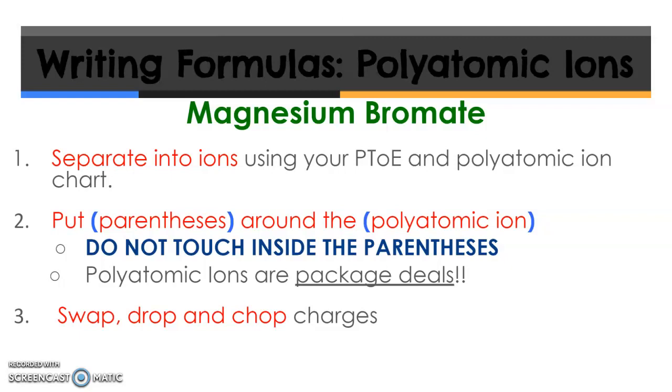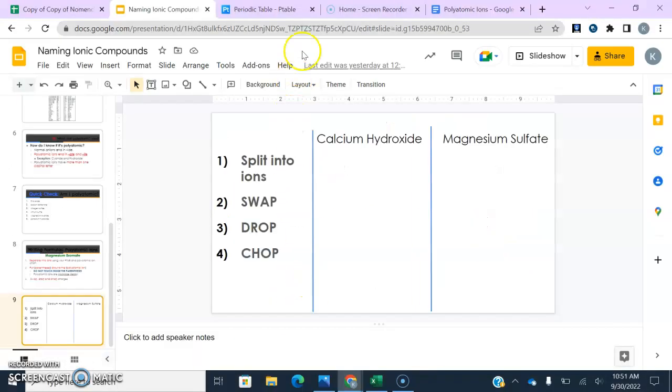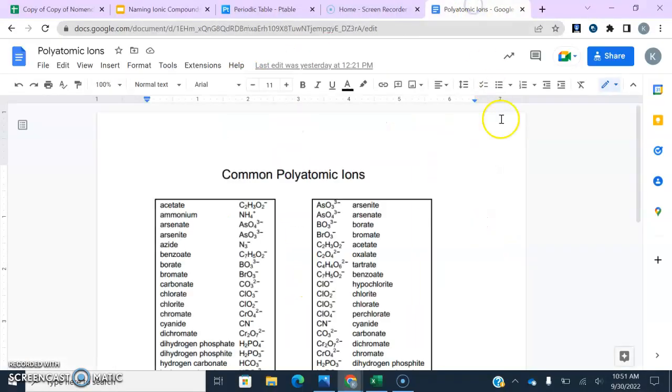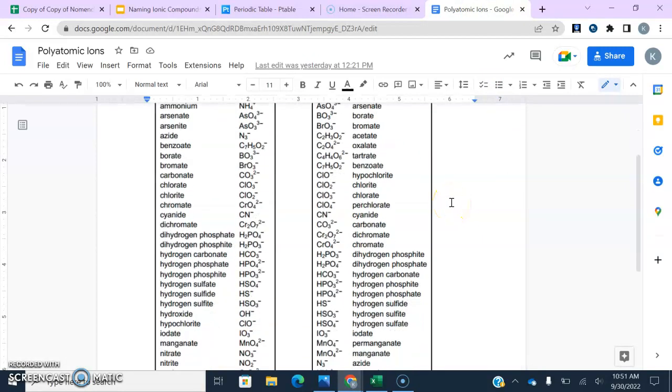So let me get a drawing. Magnesium will be Mg, 2+. And then bromate, we're going to have to find on our polyatomic ion list. So we'll come here and find bromate.